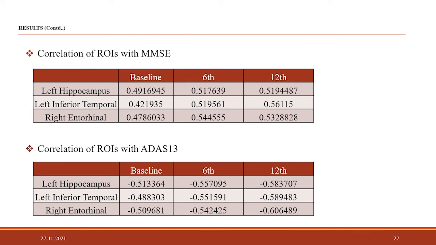Similarly, the correlation of the ROI with ADAS-Cog 13. The ROIs left hippocampus, left inferior temporal and right entorhinal are studied for ADAS-Cog 13 for baseline, 6th and 12th month. Then it showed that they have a very high correlation compared to other ROIs.